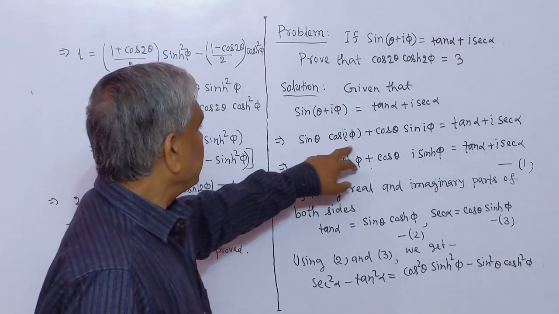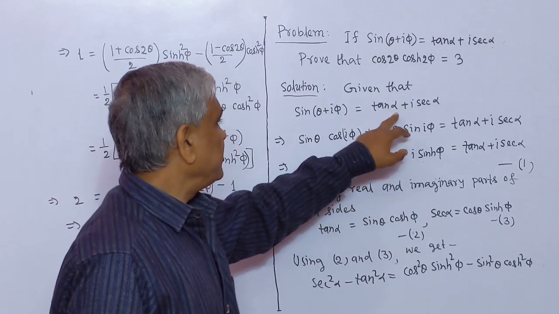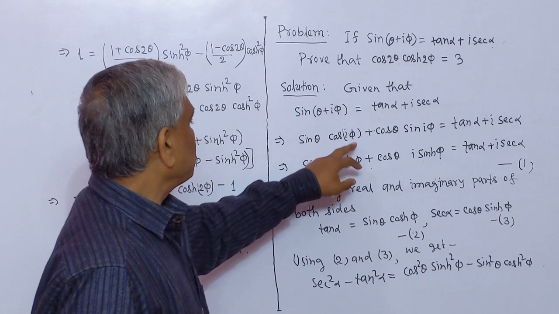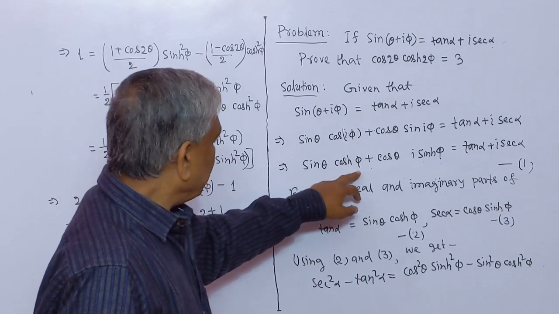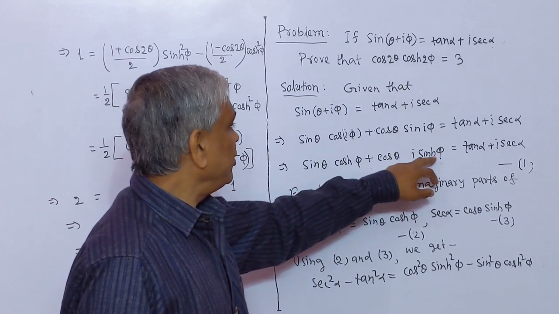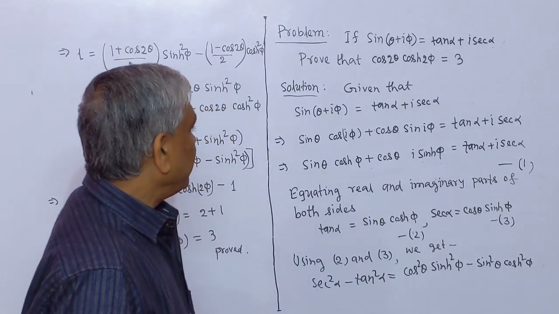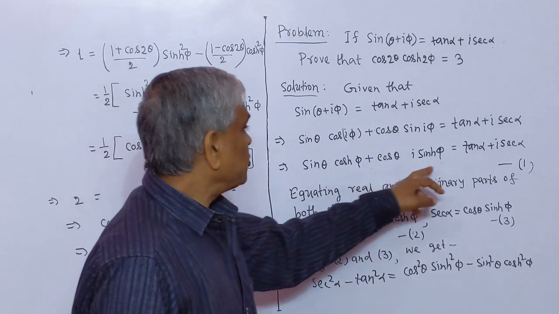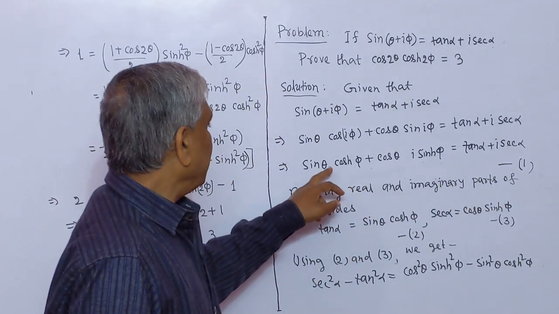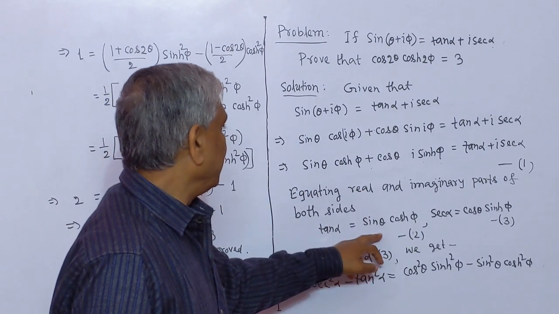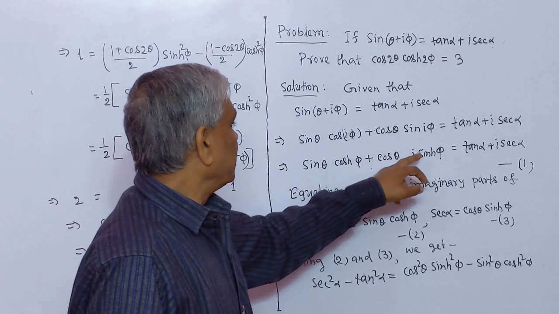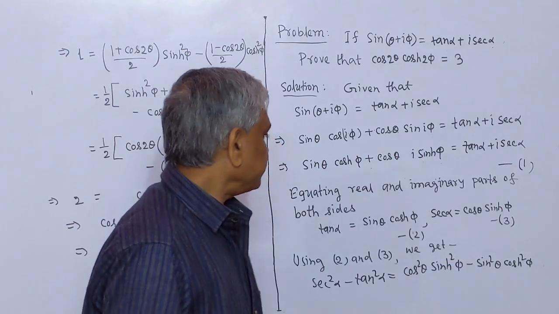Here we get this expansion, right side same. Here cos i phi is cosh phi. Here sin i phi is i sinh phi. Now equating real and imaginary parts of both sides of 1, here tan alpha equal to sin theta cosh phi and sec alpha equal to cos theta sinh phi.